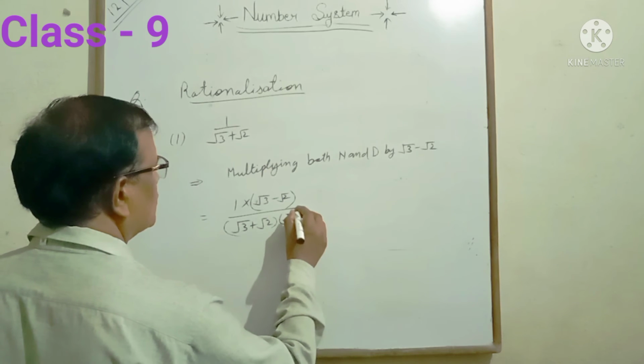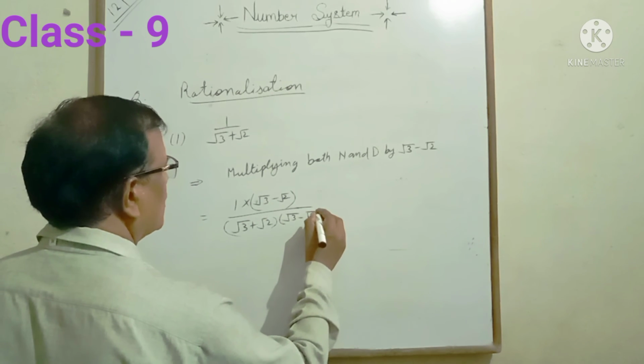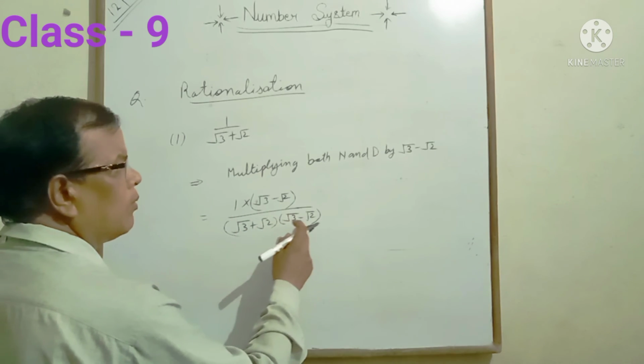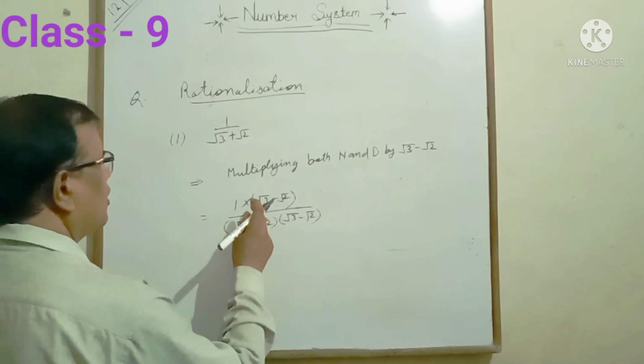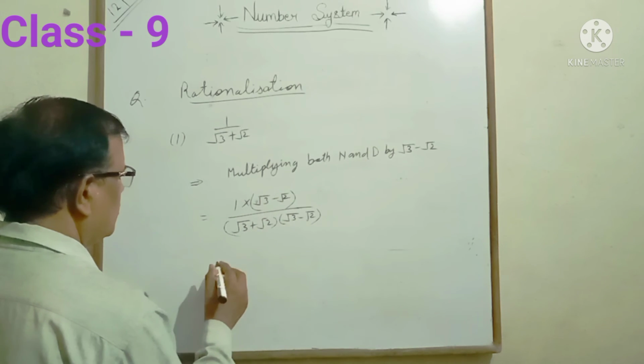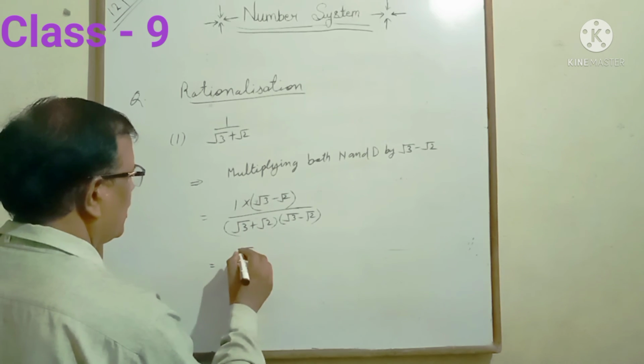Now we see in the denominator it is in the a plus b and a minus b form. In the numerator it is only root 3 minus root 2.